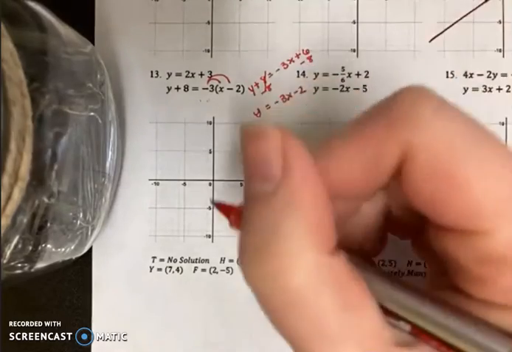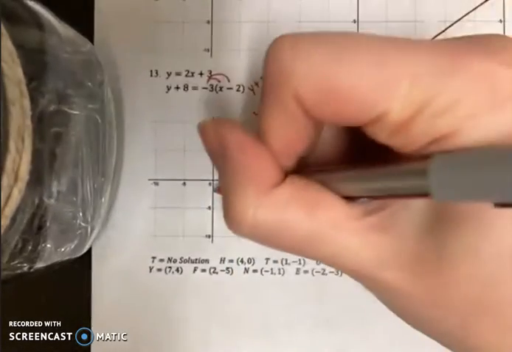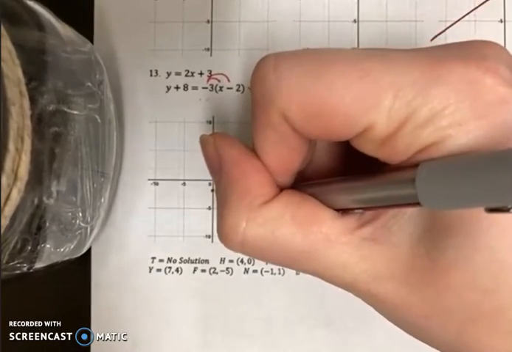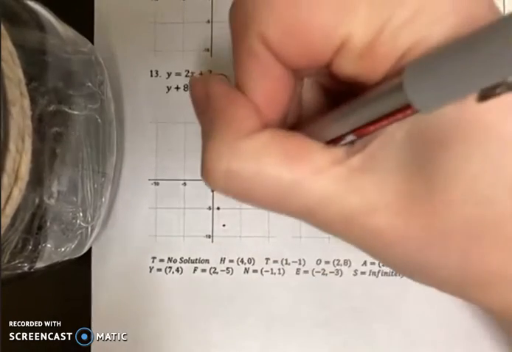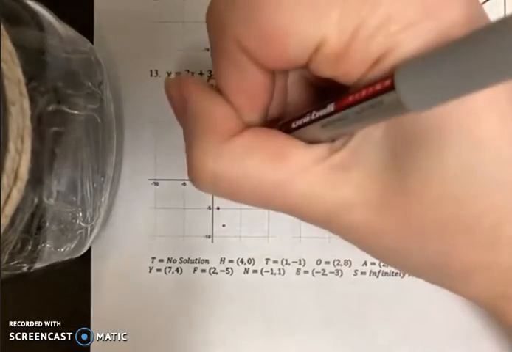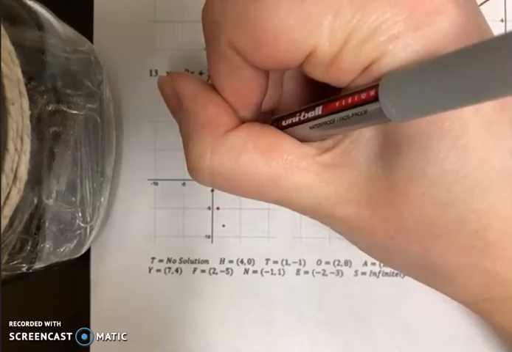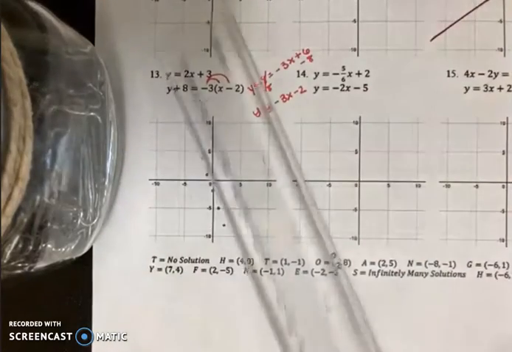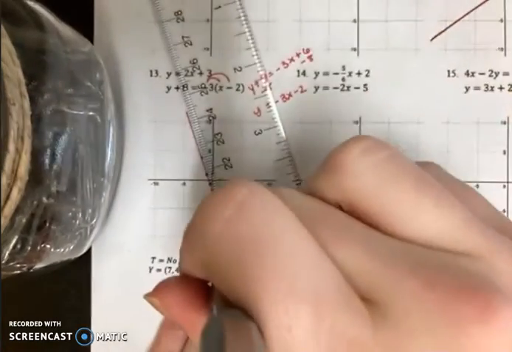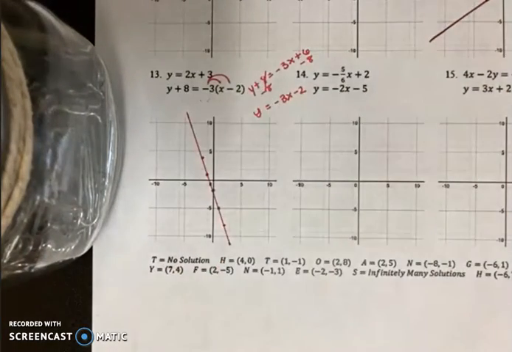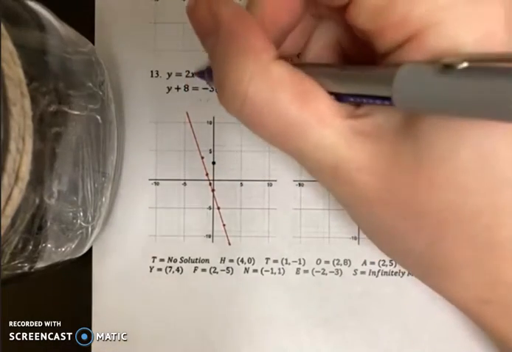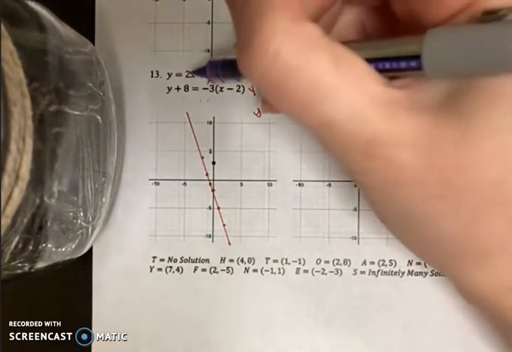Because then I could go ahead and graph it. Here's -2 right here. A slope of -3: down 1, 2, 3, right 1. Or you could have moved up 3, left 1. I'll do that a couple of times. That's enough to get you your line. The first equation had an intercept of 3, so that's right here. And then it had a slope of 2.